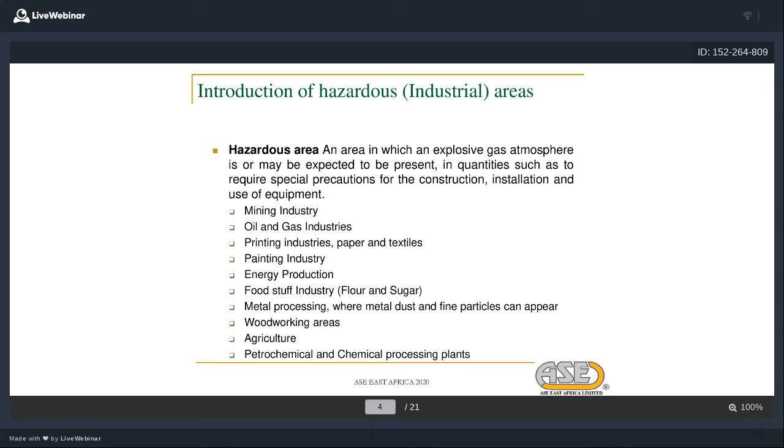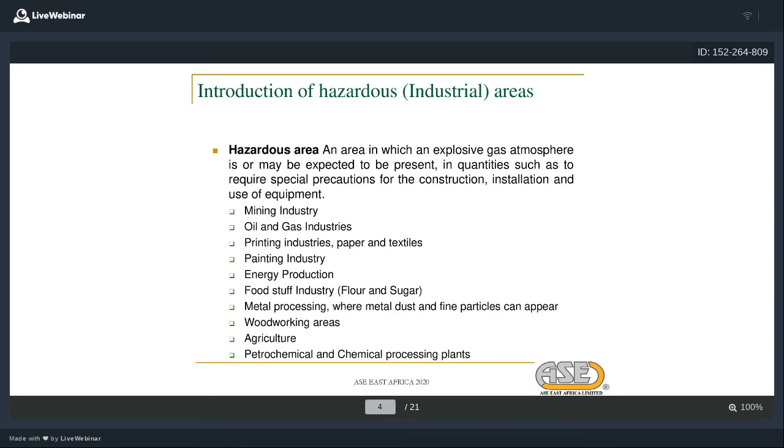So if you have an area, especially an industrial area, and there is existence of this explosive atmosphere, the equipment used in these areas must be explosion approved. And so we call these areas hazardous areas.